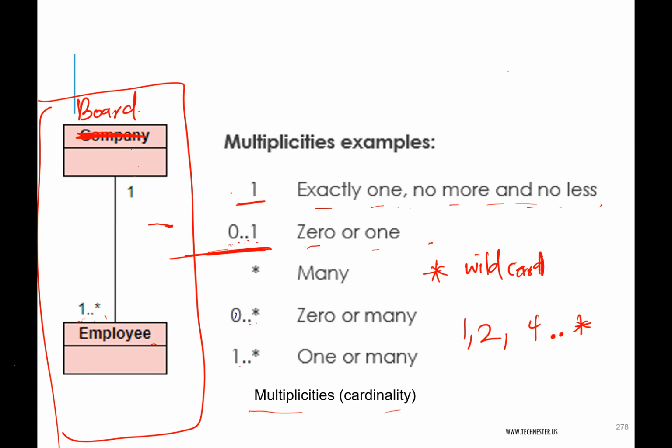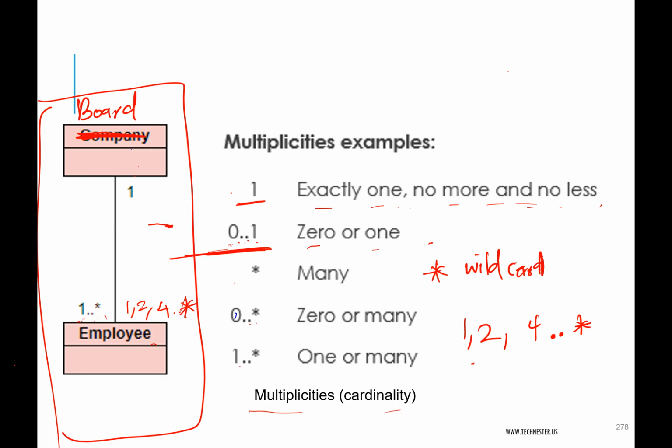So if I wanted to model that, that's when I will use something like this. 1, 2. So the law says I can do 1, 2, or 4. It should never be 3, so, or many, right? So I can do something like this, telling the programmers that when you are implementing these things, a board can never have 3 employees.